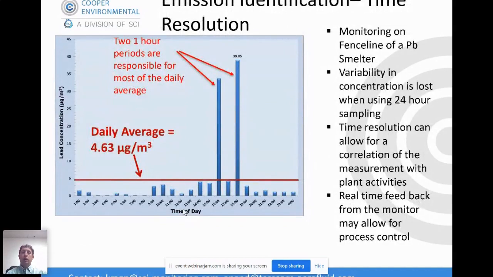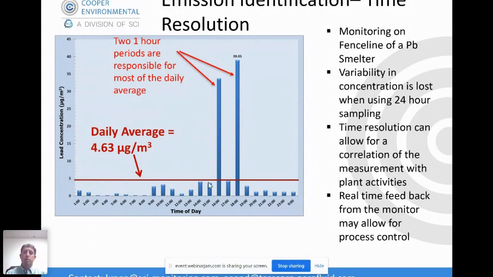So for the first one, identifying emissions, looking at time resolution as an approach to that. This graph here shows a single day that was sampled on the fence line of a lead smelter in the United States. And the line down here represents the average concentration for that particular day at 4.6 micrograms per cubic meter.